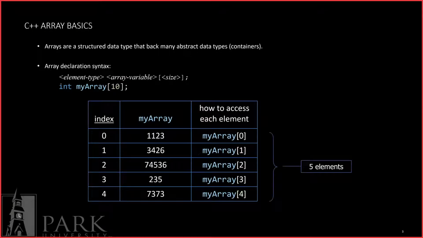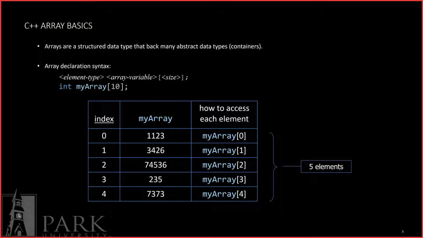The size declares the maximum number of components or elements that the array can store. In this case, we set the max size to 10, but we are only actually storing 5 here, as in this chart. A key consideration is that the elements are stored in contiguous or adjacent memory space. That means that the values that we have stored are actually right next to each other in memory.